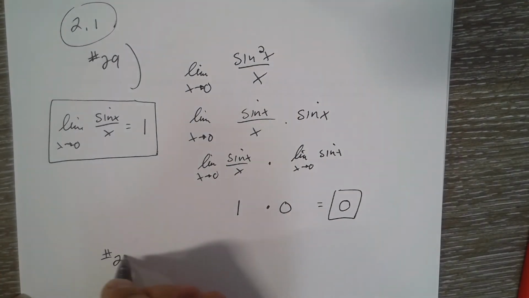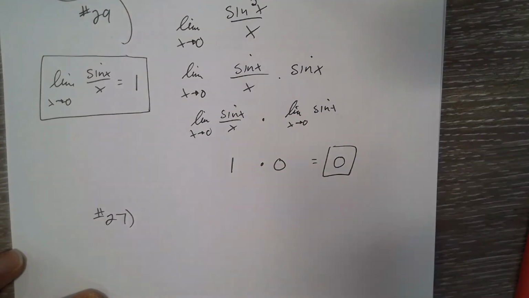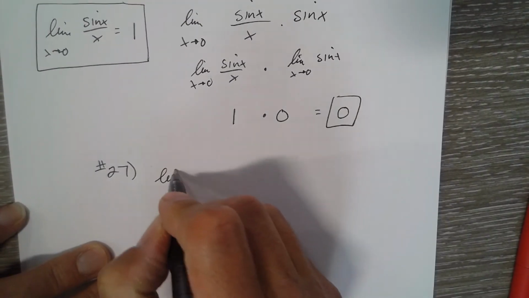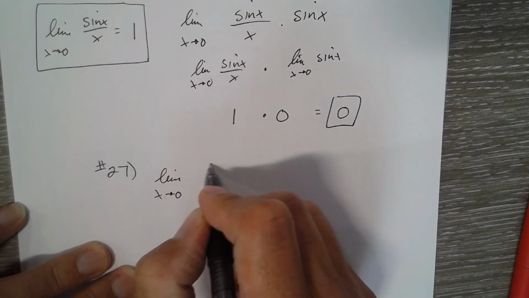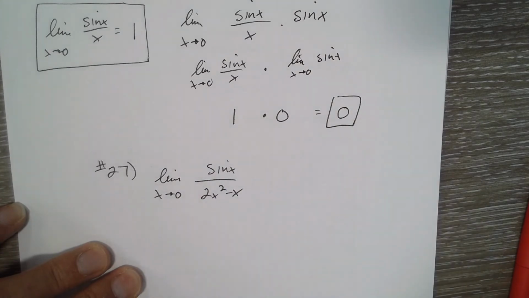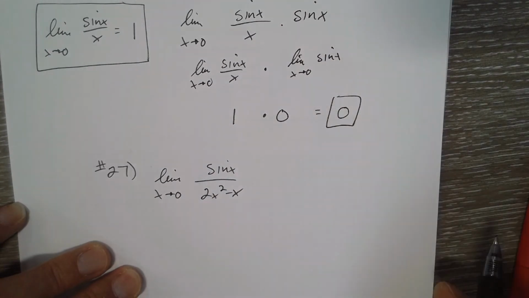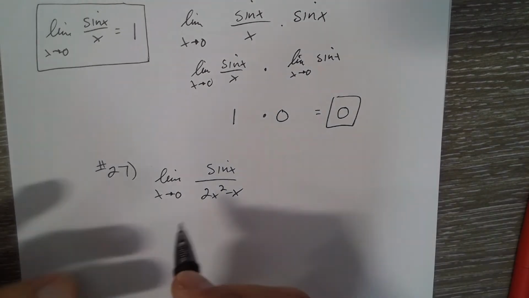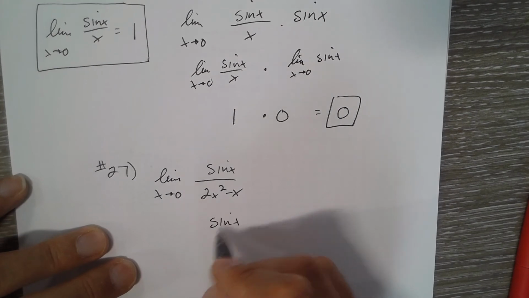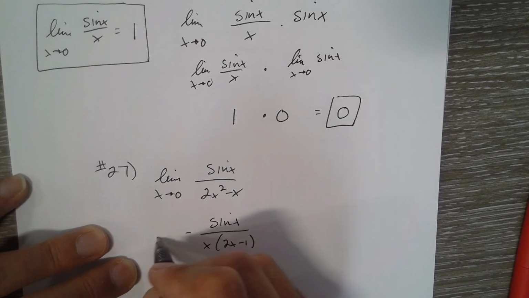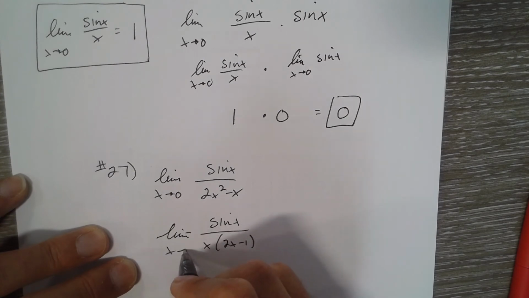Go back to 27 here. The limit as x goes to 0 of sine x over 2x squared minus x. Well, what can I do? How can I find a sine x over x? Good. Factor out an x from the bottom. And that's still the limit as x goes to 0.